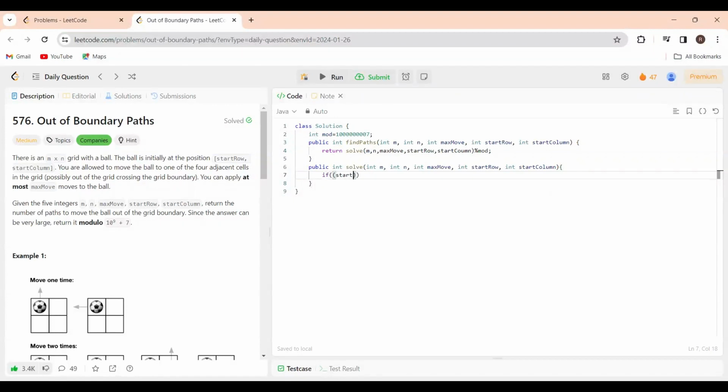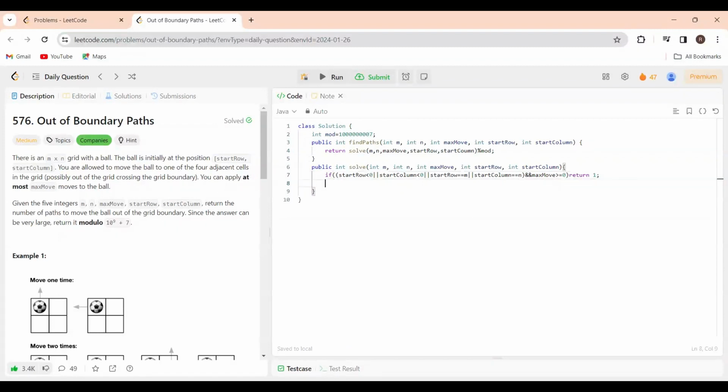Let us quickly write the base condition here. If start row is less than 0, or start column is less than 0, or start row equals m, or start column equals n, and max move is greater than or equal to 0, then we can return 1 here.